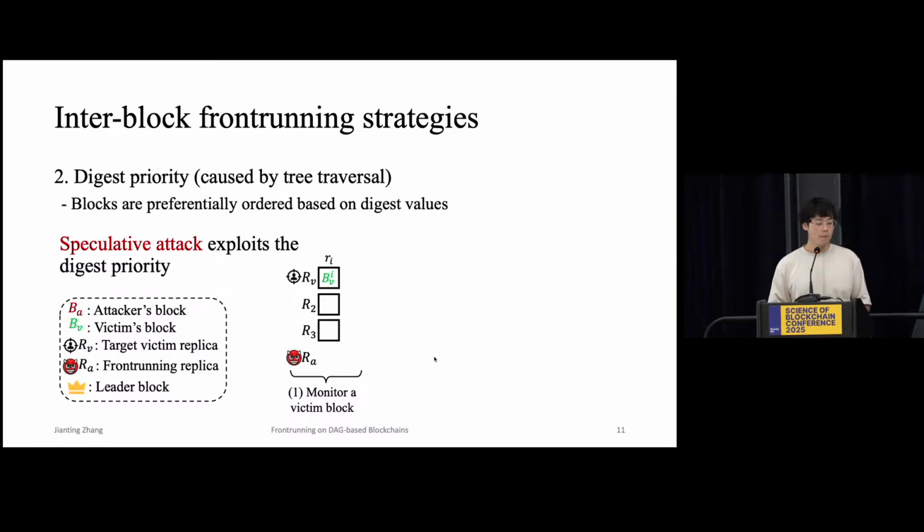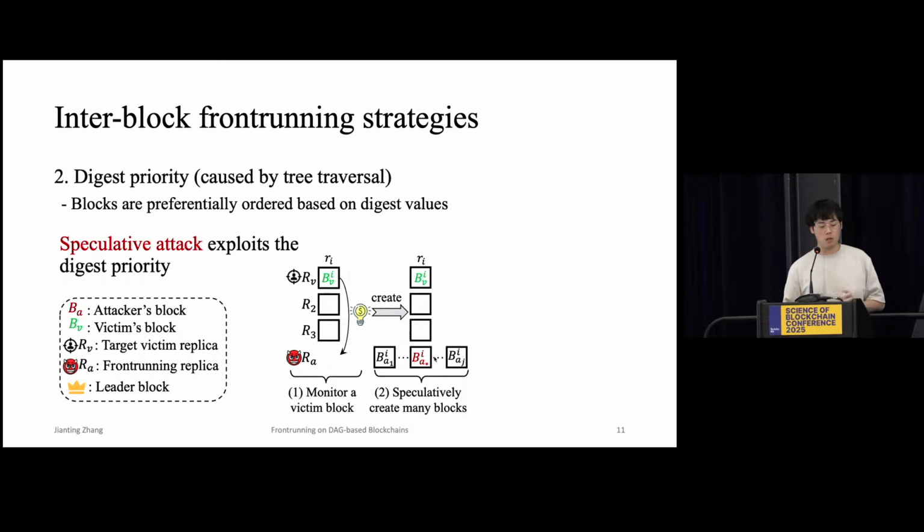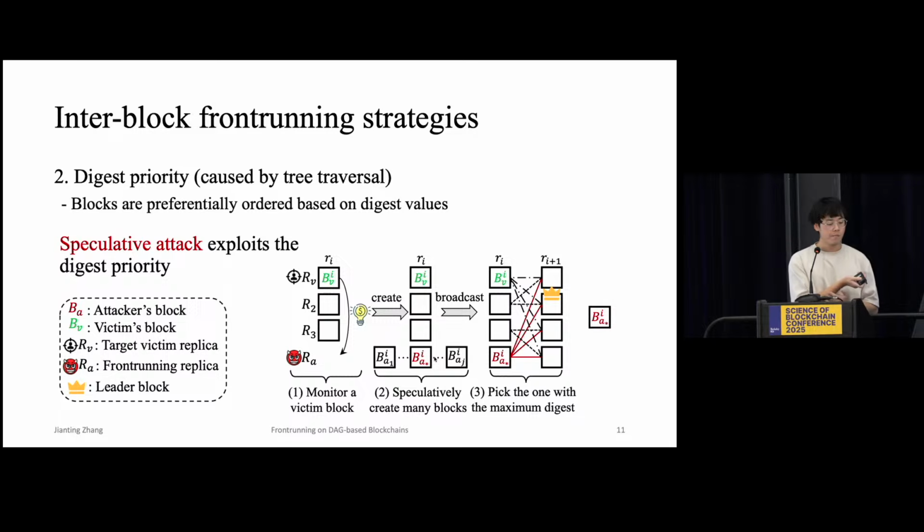Once the malicious replica observes a victim transaction in a block, it labels the replica that created the victim block as the target. Then it can create multiple blocks and choose the one with the largest block digest to broadcast to the network. Because of this digest priority, the malicious block is more likely to be ordered first.